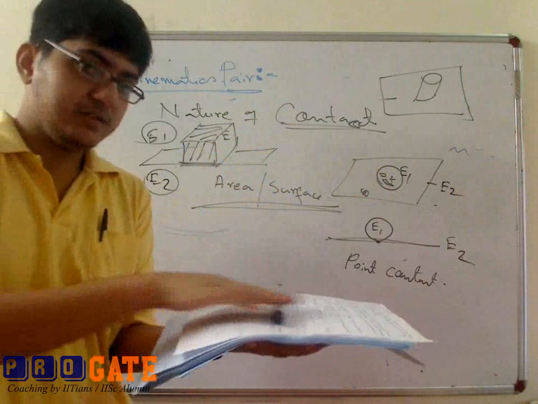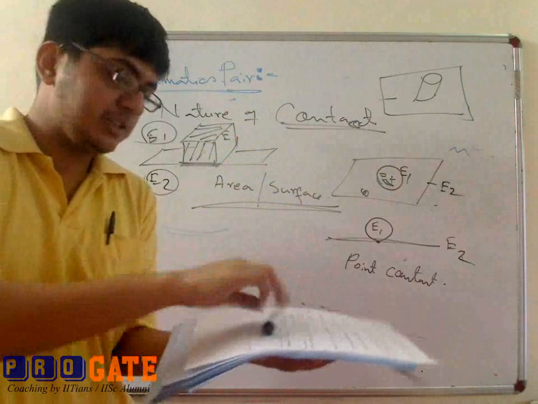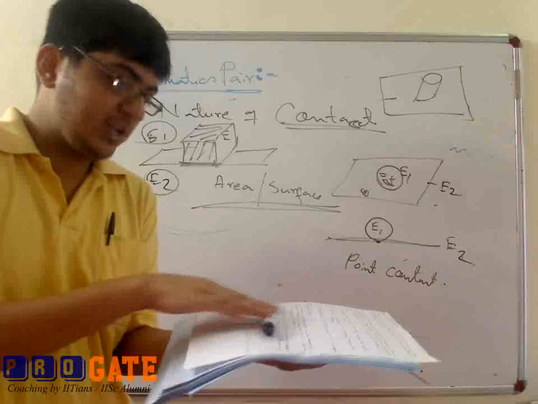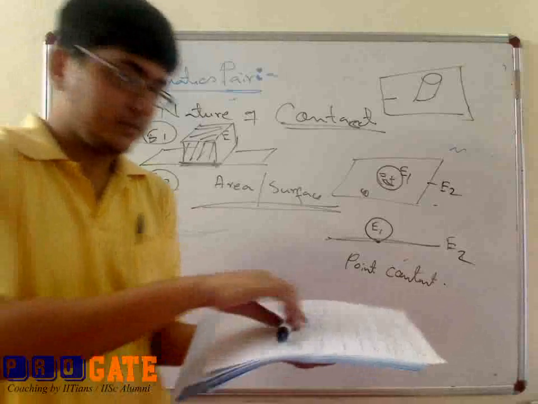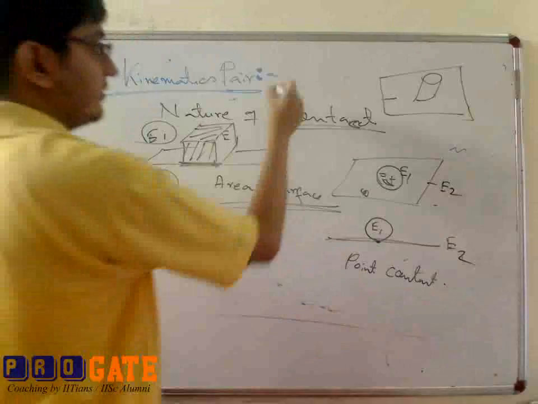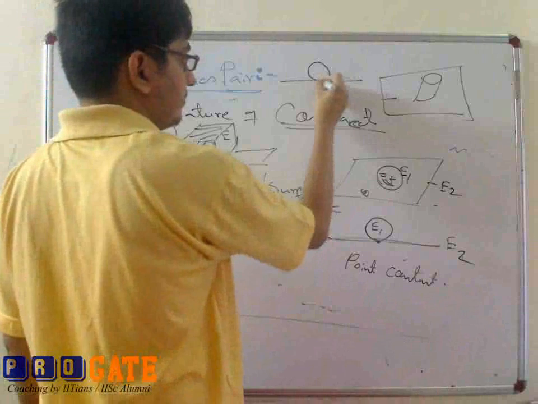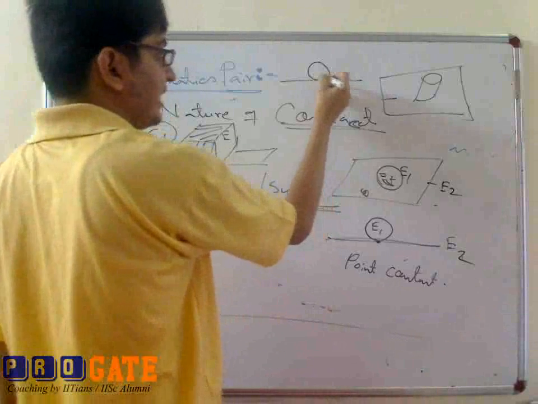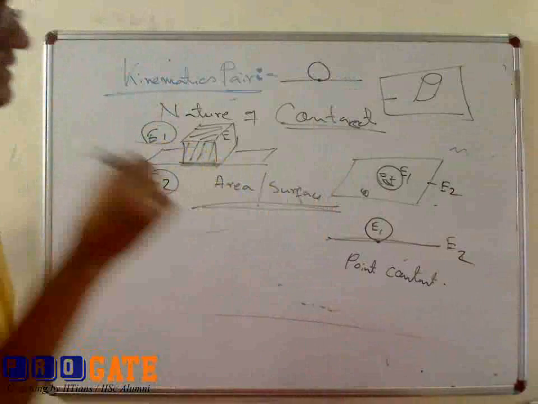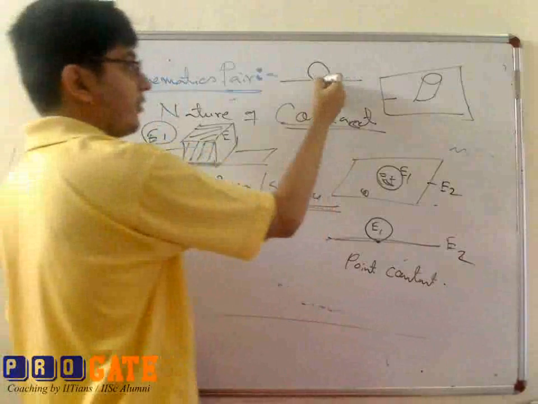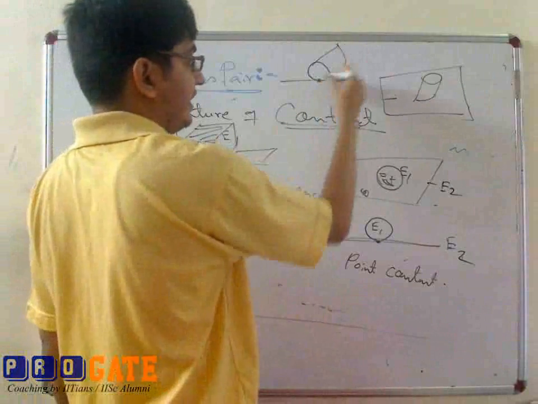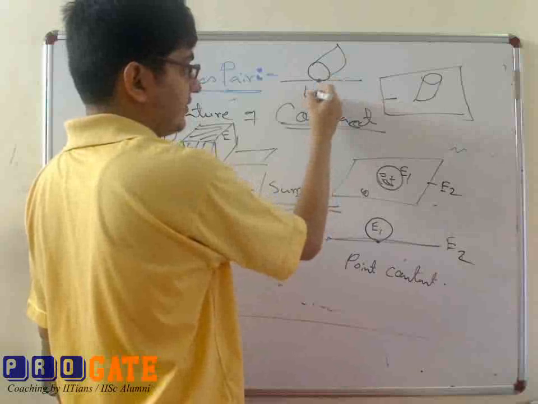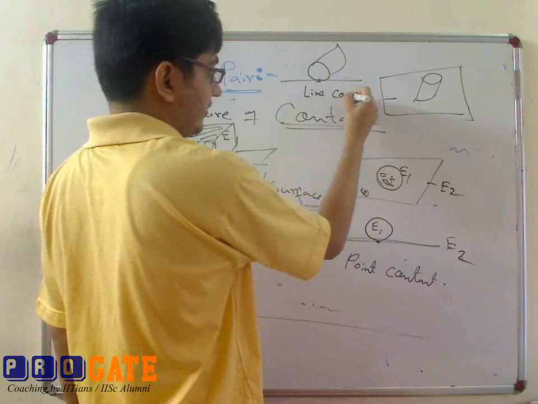This is your element 1, this is your element 2. So this permits the translational motion. In this case, this is a point projection of the contact line. So if this is a cylinder, then this is known as line contact.